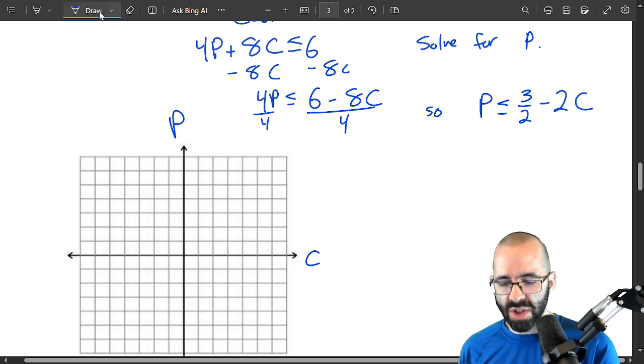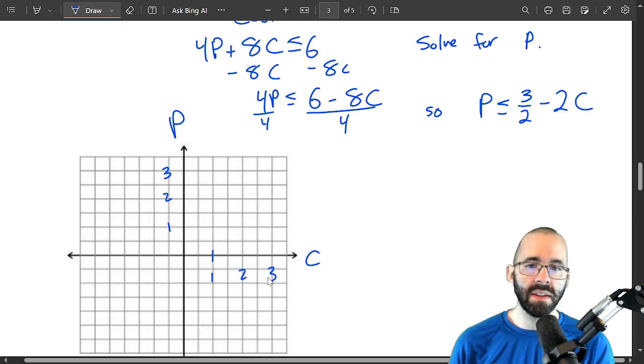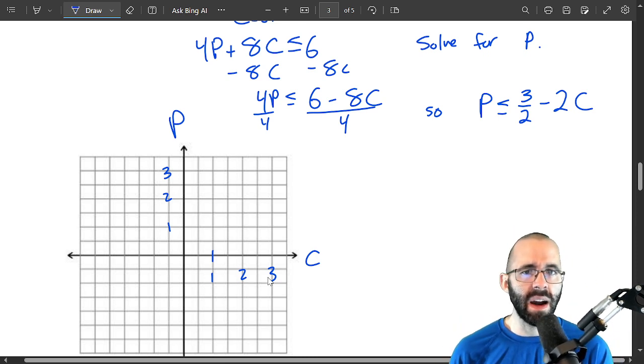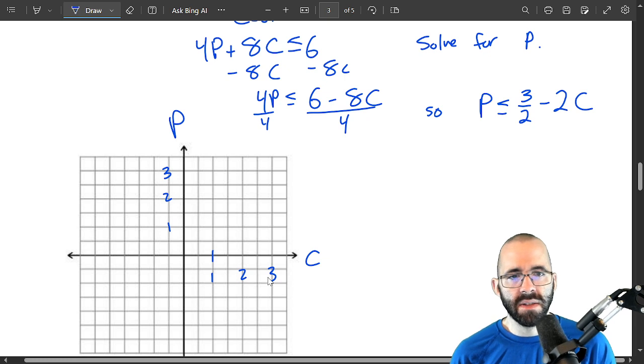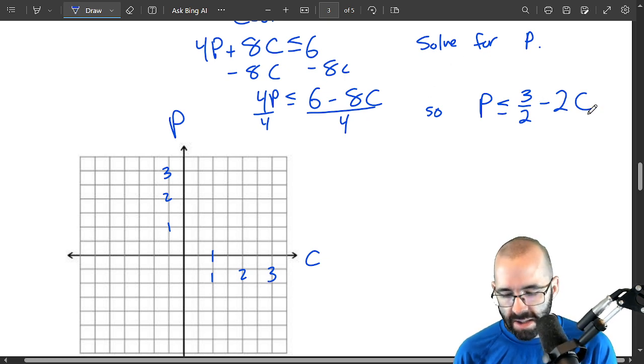We're getting a little squished here. Let's have this be 1, this be 2, this be 3. I want to make things a little easier to graph. Okay, so let's see. The peanuts, that's 3/2 minus 2C.